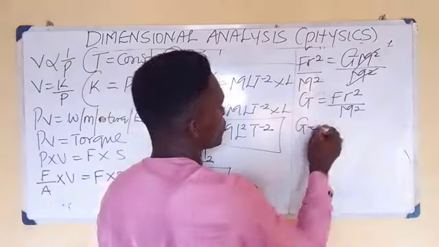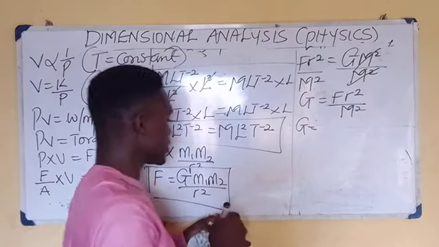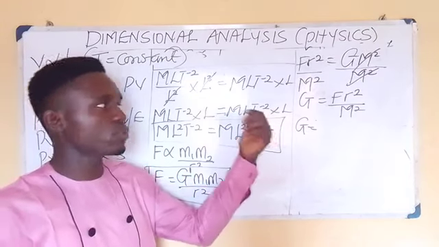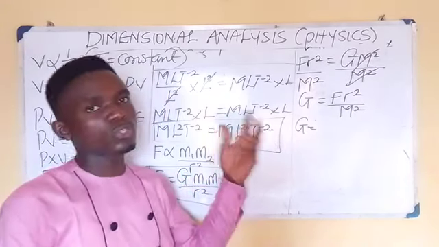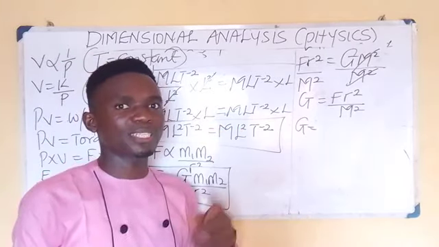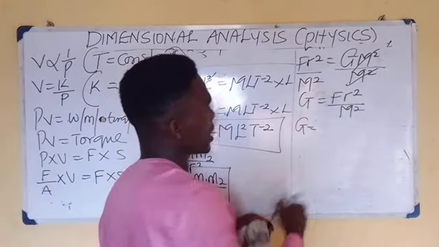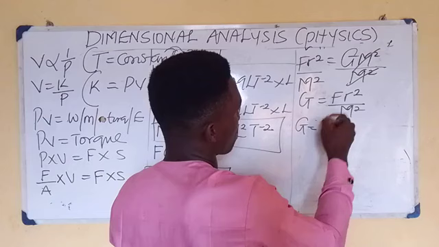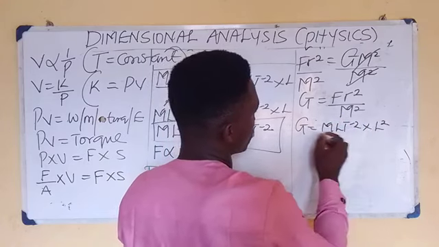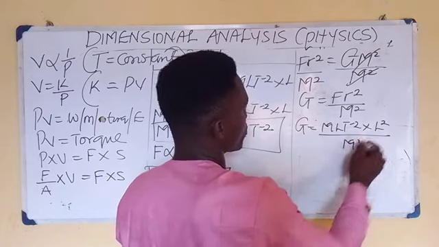So G is equals, so it means that we are trying to deduce the dimension of what? Newton's universal constant. And I told you that it is not all constants you should neglect. There are some constants that have dimension, so they should not be what? Neglected. All right, so I'll now be having MLT minus 2 times L squared over M squared.